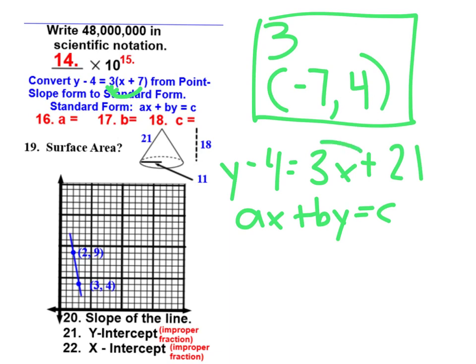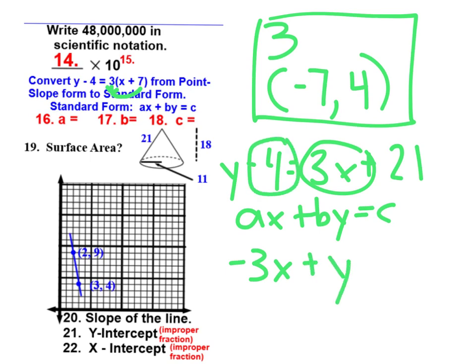So I need to subtract 3x from both sides. That makes it then a -3x plus y, and then I need to add 4 to both sides to get rid of that, and I get 25. Oops, sorry, I put that as an equal sign. So I have -3x plus y equals 25.